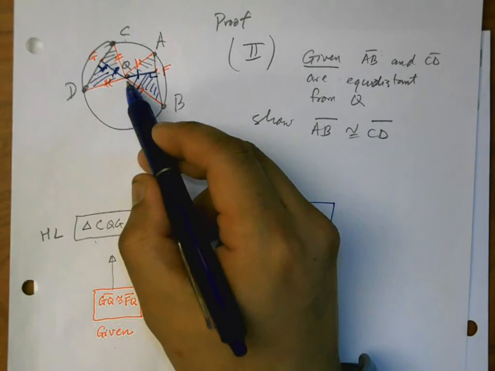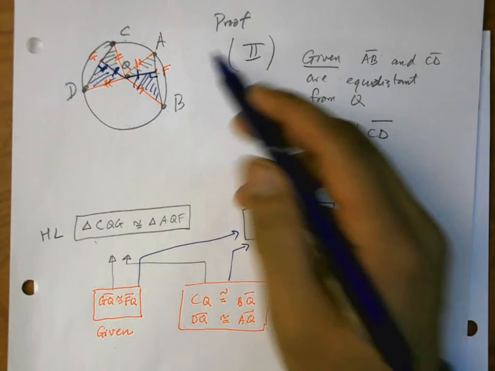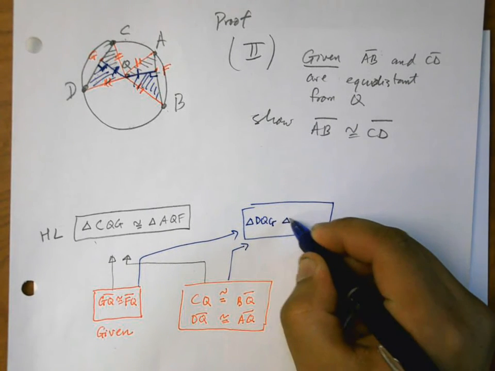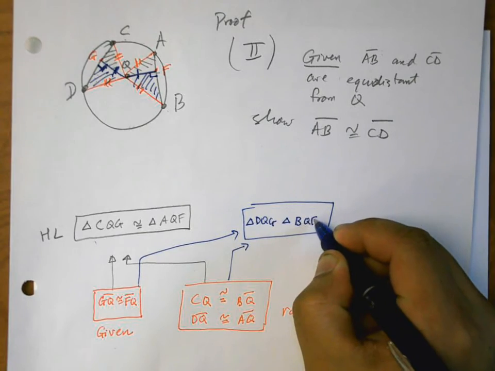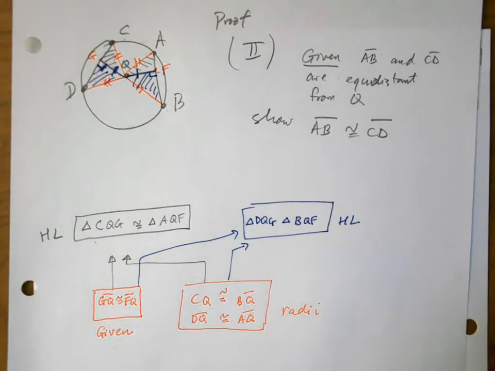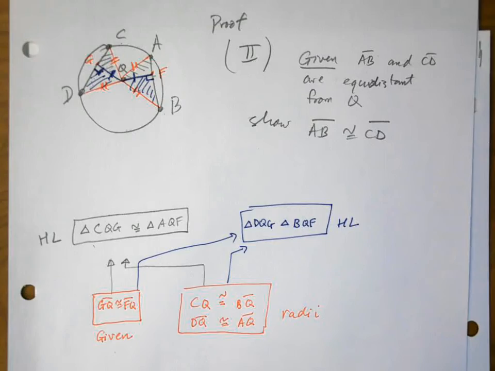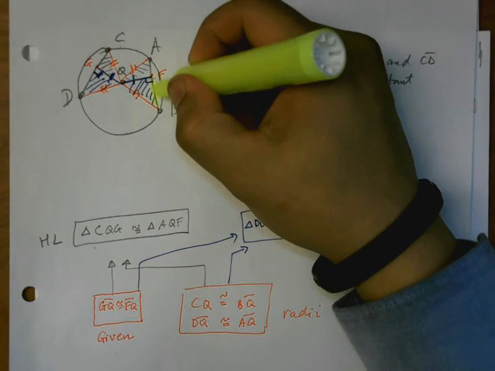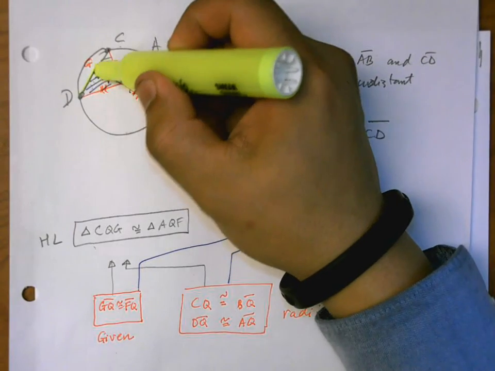So that's triangle DQG and triangle BQF. Triangle DQG and triangle BQF are also congruent by hypotenuse leg, which means that, and let me get to another color here so this will be a little bit easier to see, what it means is that this length here and this length here are equal.